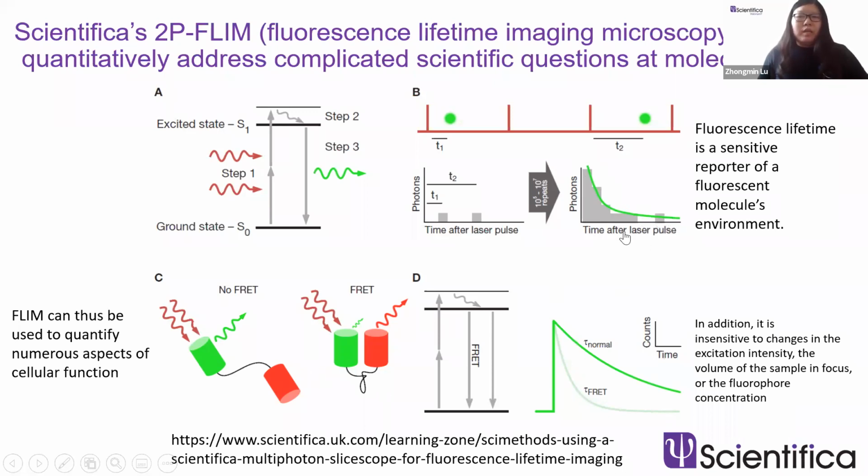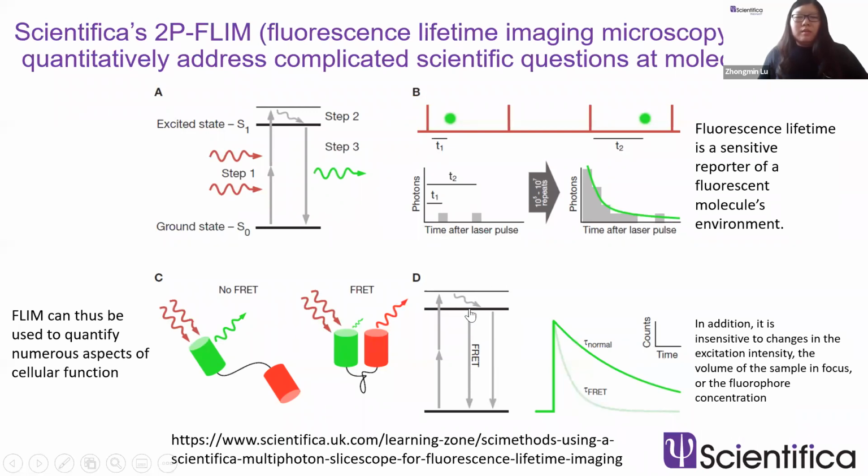One of the major FLIM applications is FRET. FRET is when two molecules or two subunits or domains are really close to each other, usually within 1 nanometer.